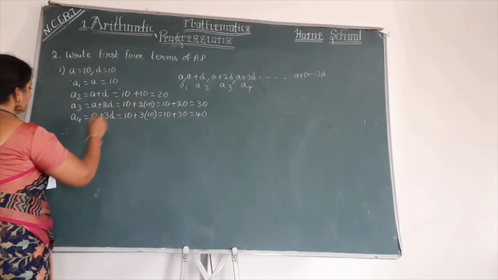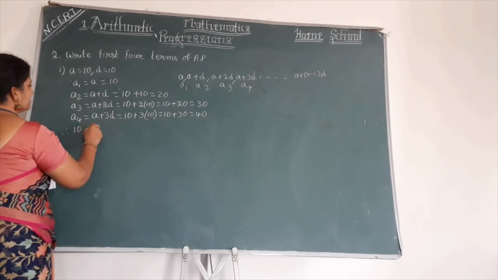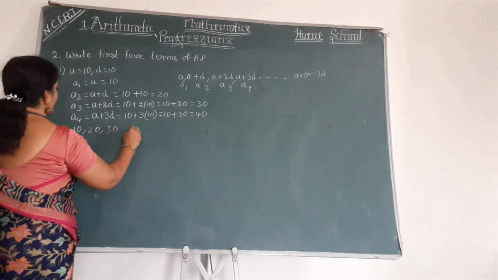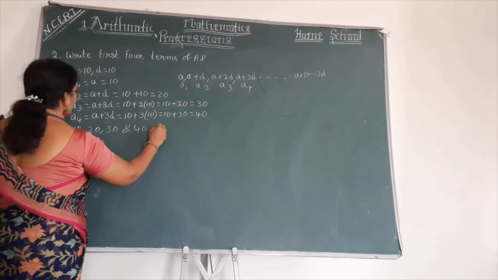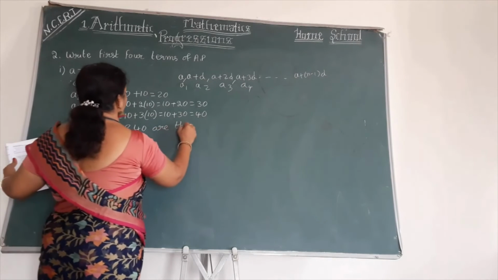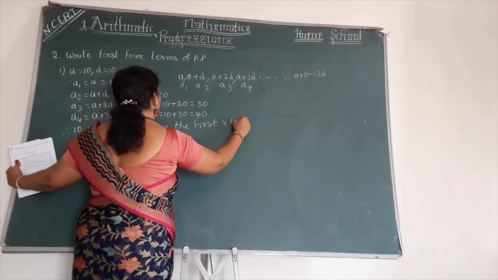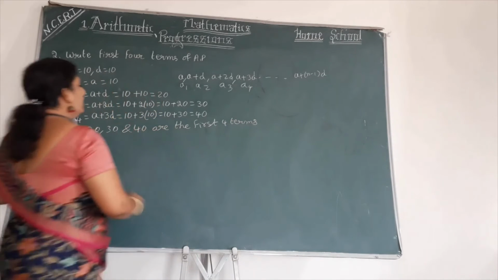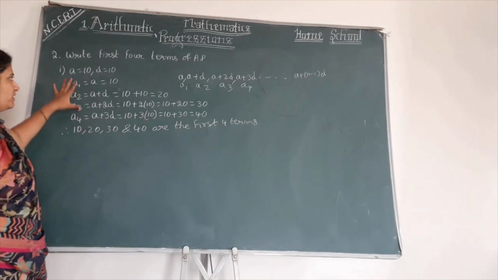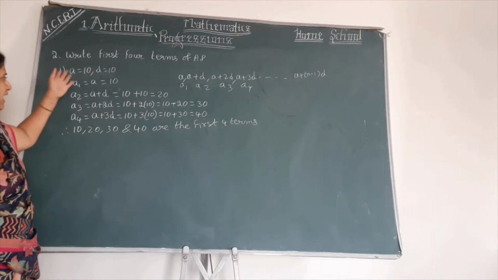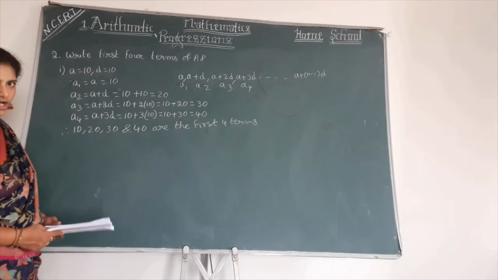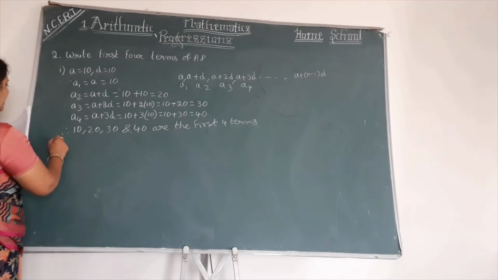You can write like that, or you can write directly like this: 10, 20, 30 and 40 are the first 4 terms of the given AP. Every time A and D will be changed. Okay, so let's see the second one.